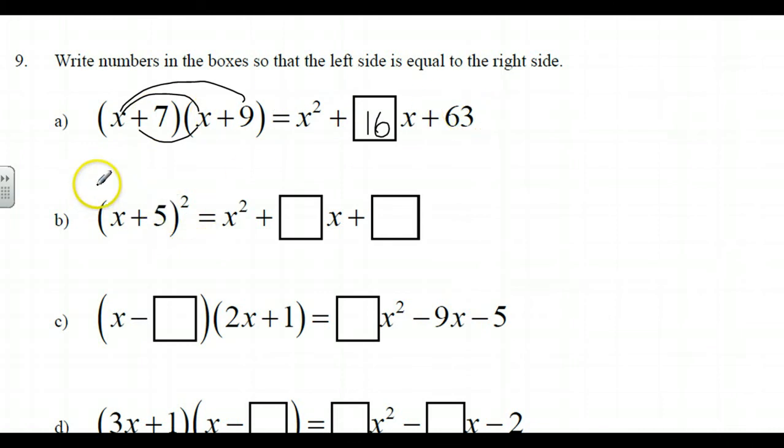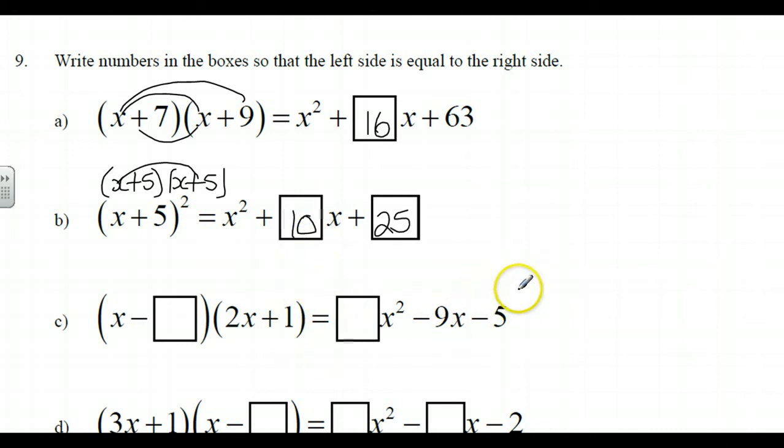X plus 5 squared. Okay, think about that for a sec. This is what it means. So our last term comes from just 5 times 5. It's going to be 25. And our middle term comes from 5x plus 5x, which is 10x.